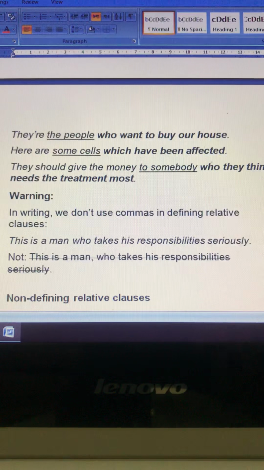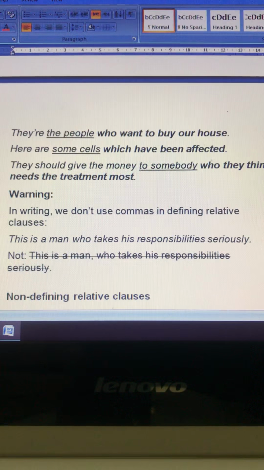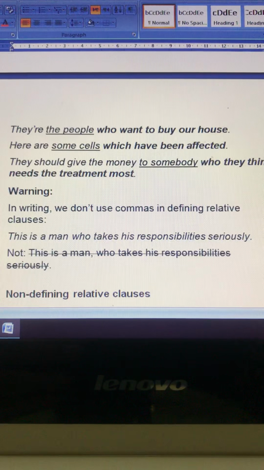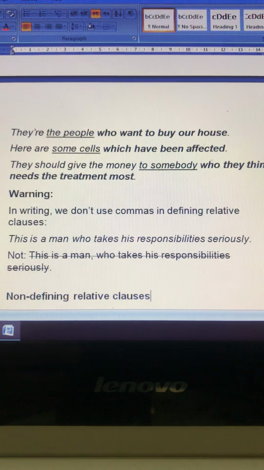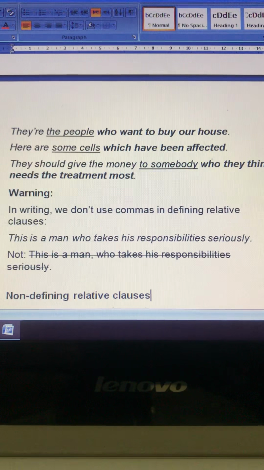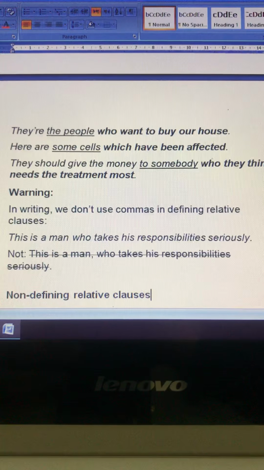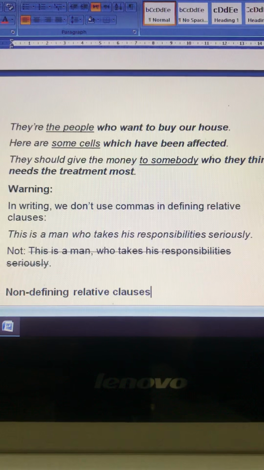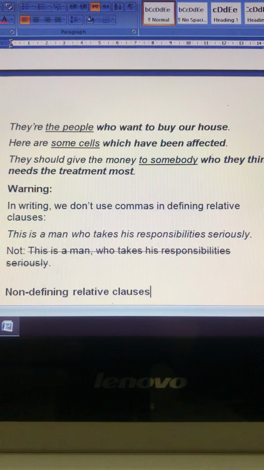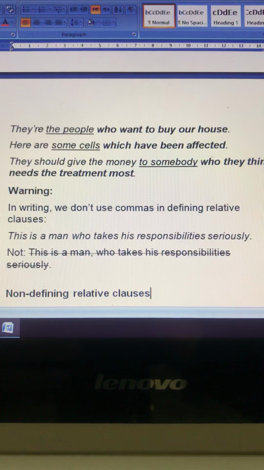Because of the defining relative clause, you are not able to use commas, since if you use a comma, then you mean it's extra information. So this is a man, then I stop talking. You're gonna ask me, what's wrong with this man? So it's not a complete sentence.